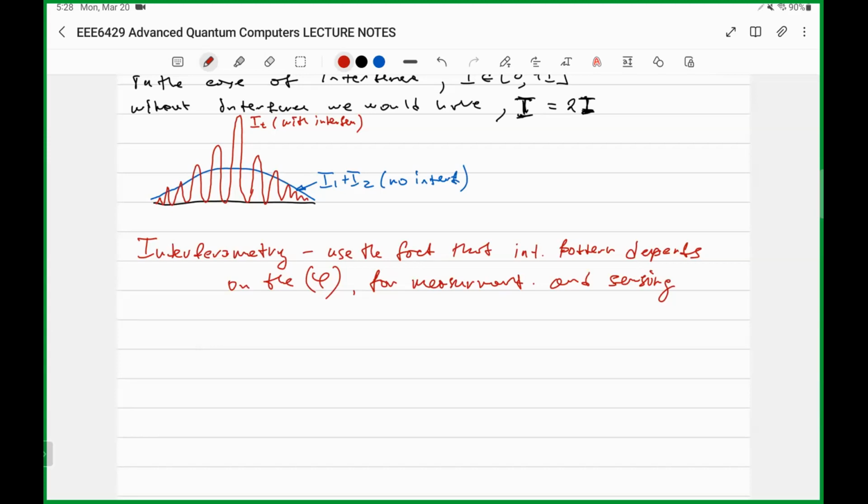And that creates this noise canceling effect.